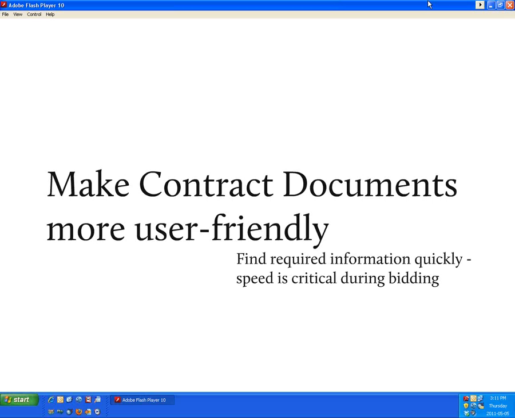And the key to all of CSI's formats and the documents and their manual of practice is really geared to finding information quickly. If we're following standardized formats, hopefully everybody knows right where to look. And during bidding, when we turn it over to that estimator and he has 4 weeks to pull together a bid, if he can't find it, the bid is going to be likely wrong. And if the bid is wrong, there's likely not to be a project.